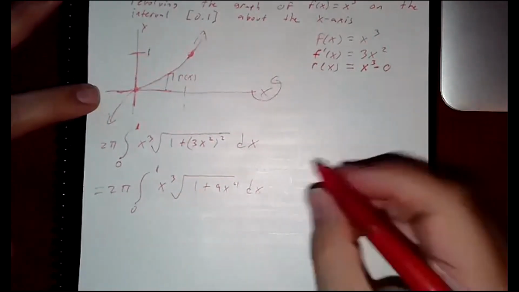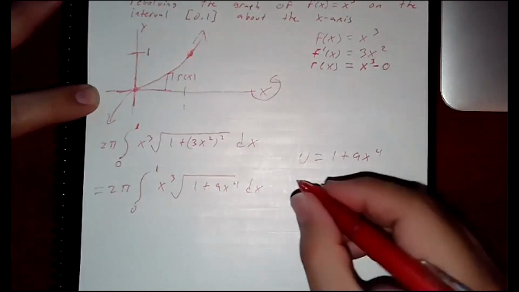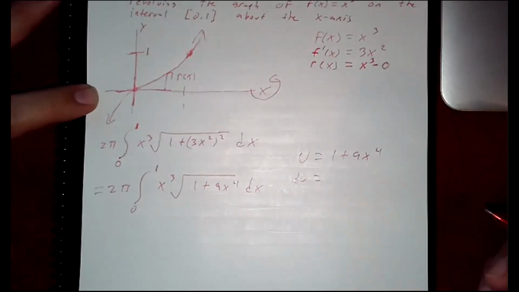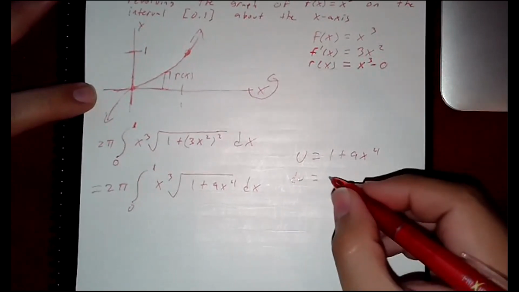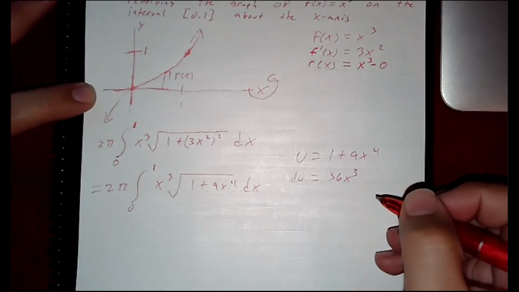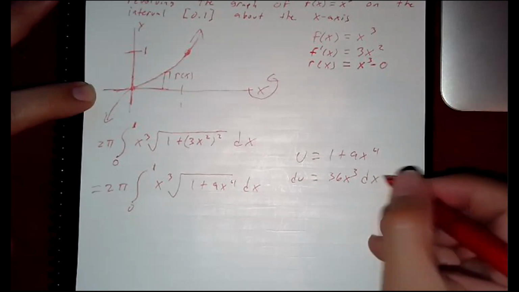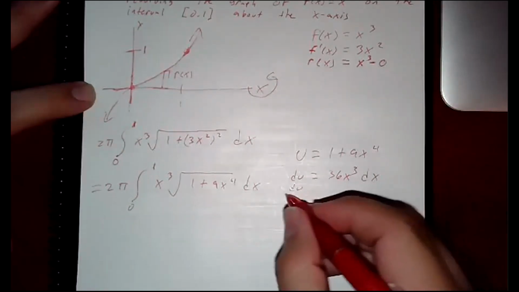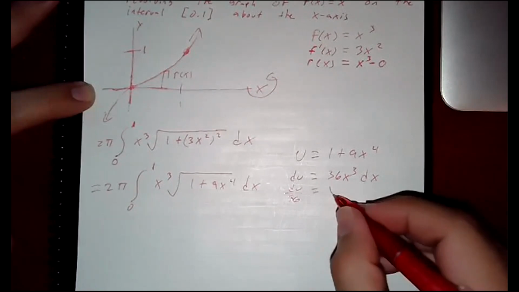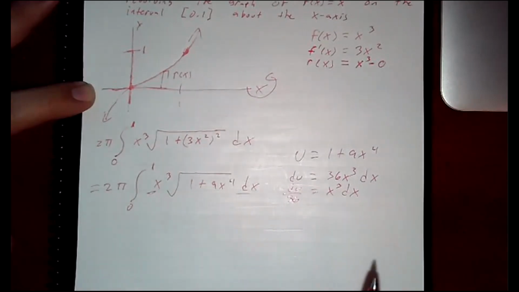So it looks like we can do this u sub, right? I know that was a long time ago, but we can do this. Let u be the inside of the radical, du will be 36x cubed. So we can get rid of the 36. du over 36 gives us x cubed dx. So there's my du stuff.